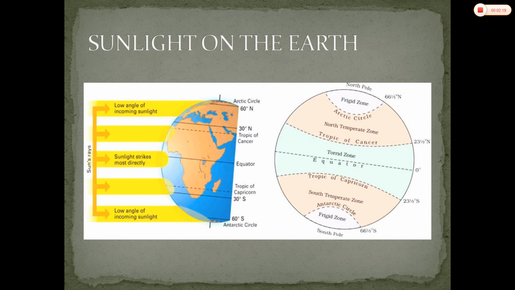And at the north pole and the south pole, the sunlight is completely tilted, and therefore these regions are not receiving the sunlight throughout the year. We can say that for 6 months of the year there is complete darkness, and for 6 months there is continuous daytime, but this daytime is of very less insolation. That means it is a region receiving very little sunlight.